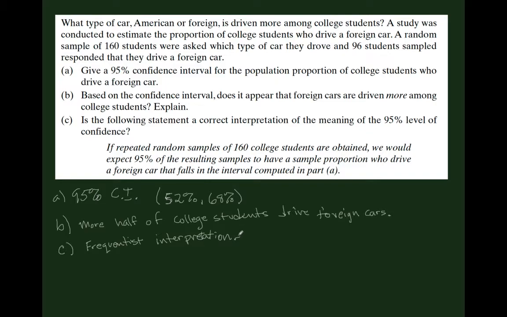And notice that with the frequentist interpretation, there's an implication of frequency here. This frequency I refer to as the capture rate. That's how I like to think about it. What does that mean?